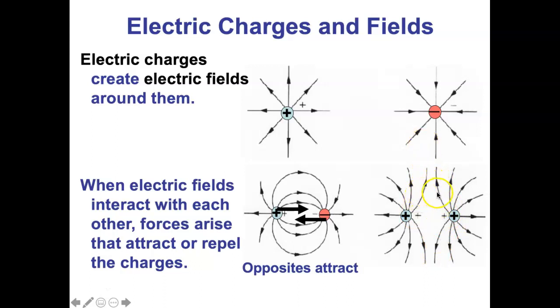And since the electric fields are pushing each other apart, that creates the electric force that pushes the charges apart. So that's why when you have two positive or two negative charges, those charges repel each other.